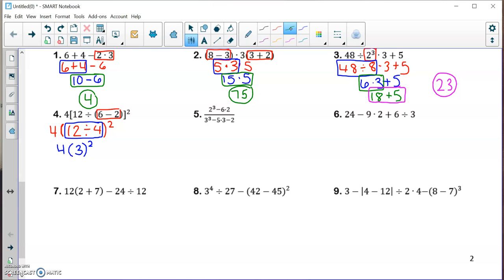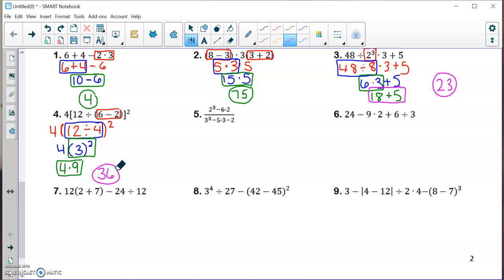So we keep it in parentheses when there's an exponent on the outside. Now I'm going to take care of the exponent. And I'm going to drop my parentheses, and that 4 is really being multiplied by the 3 squared, and a 3 squared is a 9. Lastly, I do the 4 times the 9 to get my final answer, which is a 36.